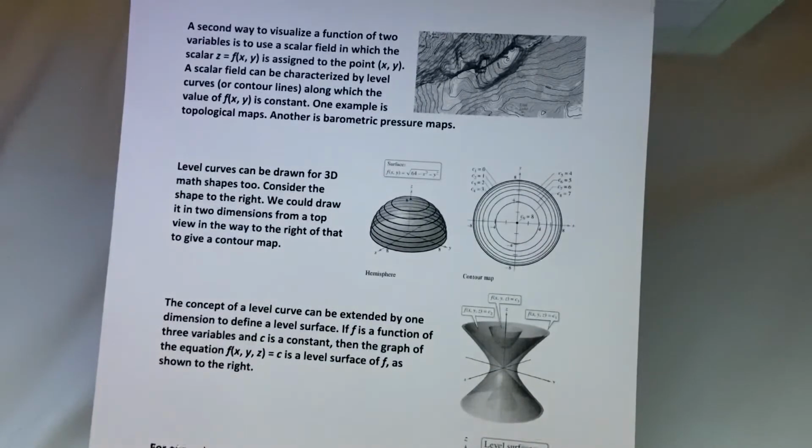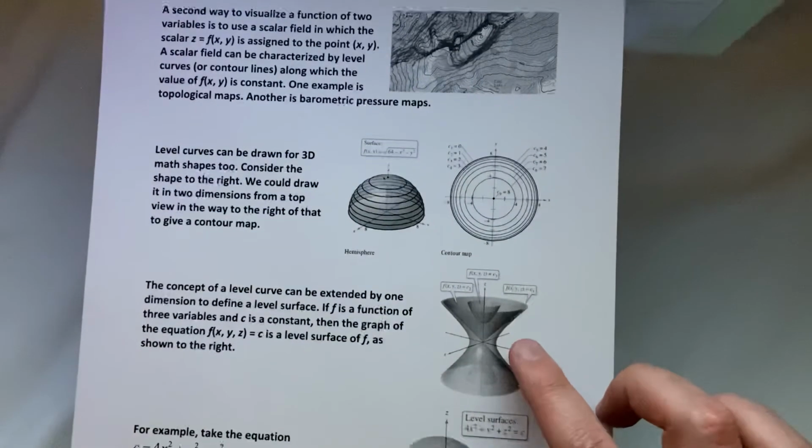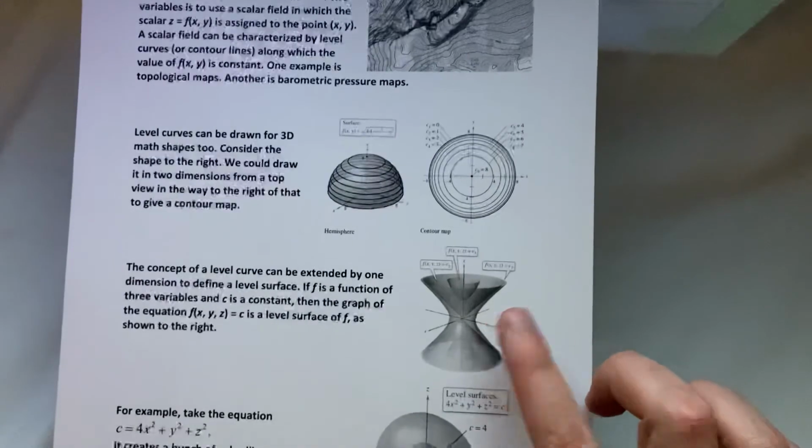The concept of a level curve can be extended by a dimension to define a level surface. If f is a function of 3 variables, then you can create a level surface, which is kind of shown here to the right, but it's also a little bit hard to imagine what that actually looks like. But if you use technology and graph some functions, it is kind of interesting.